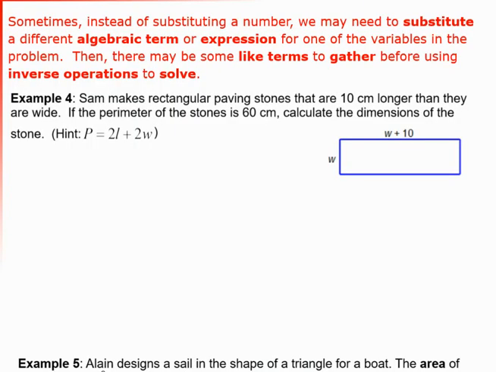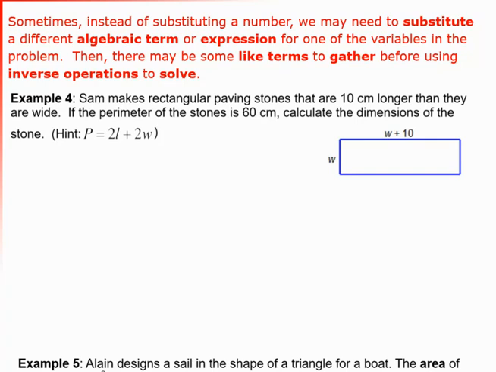Sometimes, instead of substituting a number, we may need to substitute a different algebraic term or expression for one of the variables in the problem. Then there are so many like terms to gather before using inverse operations to solve. So that seems like a lot to understand. So let's get into an example.